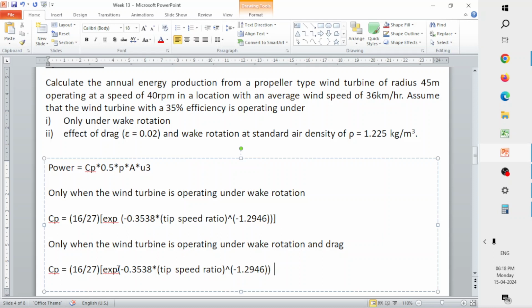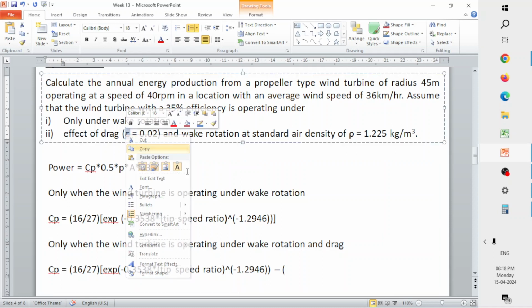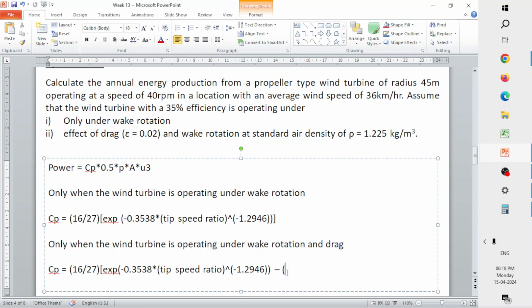After that exponent it is minus this effect of drag, or epsilon value, times your tip speed ratio.